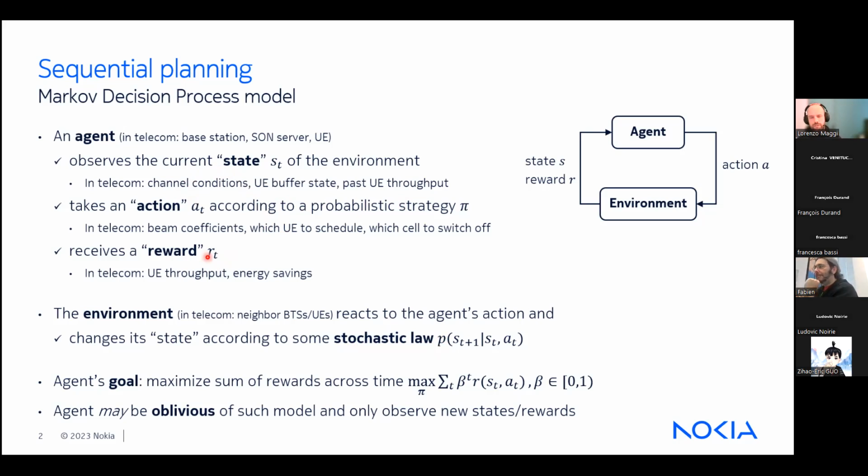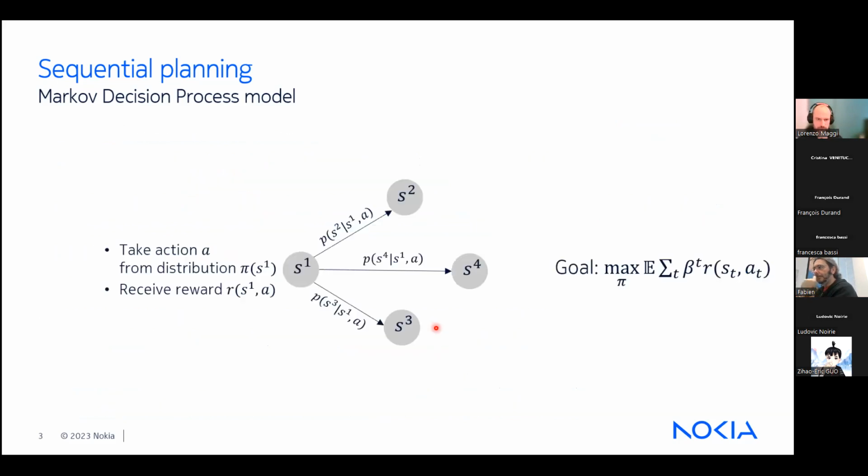And also unknown is the stochastic law that defines how the states evolve according to our action and according to, let's say, exogenous factors. So this is the model that will accompany us across the talk.